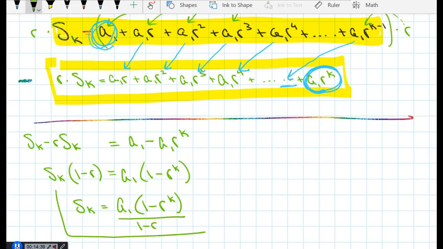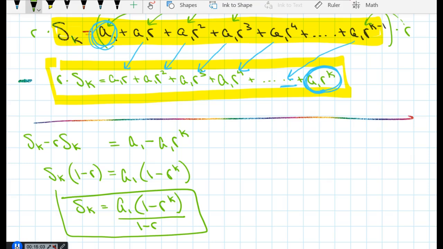And there is your k-th partial sum, only for what kind of series, everyone? Just geometric. So the sum of the first k terms of a geometric series is the first term multiplied by 1 minus r raised to the power of k, all divided by 1 minus r.